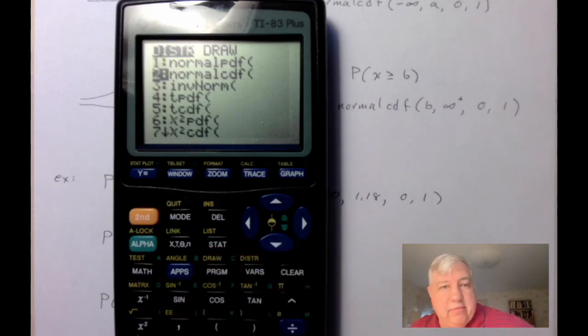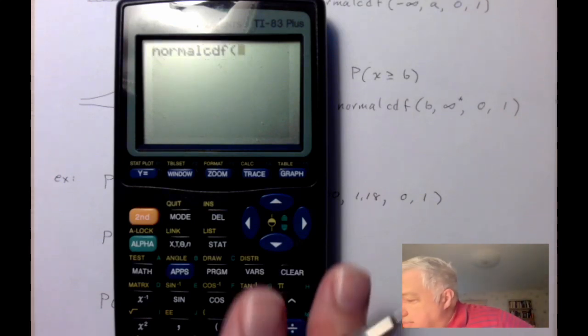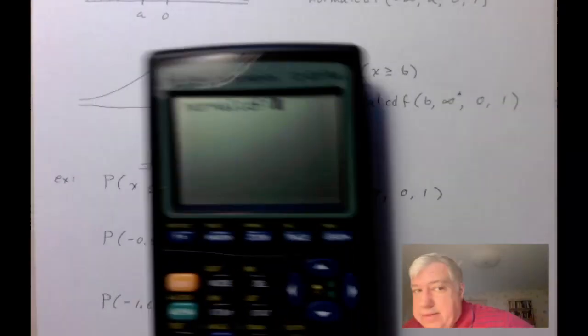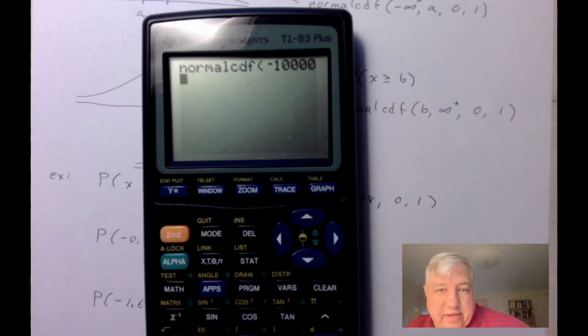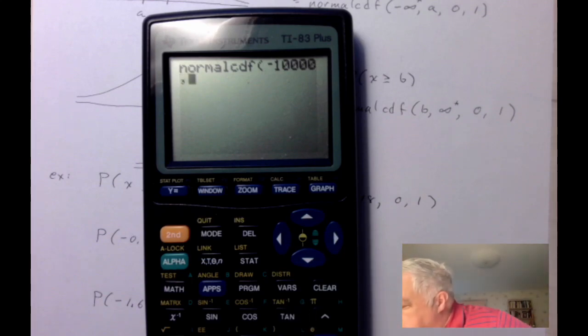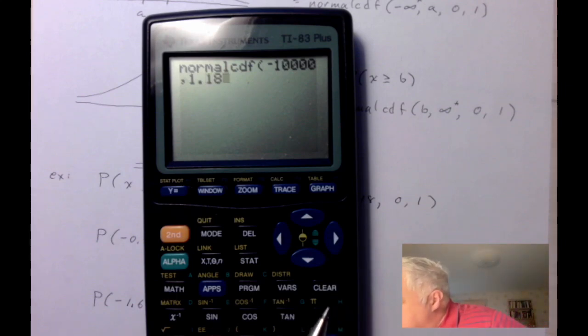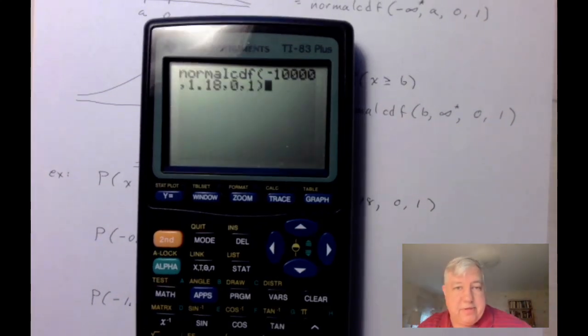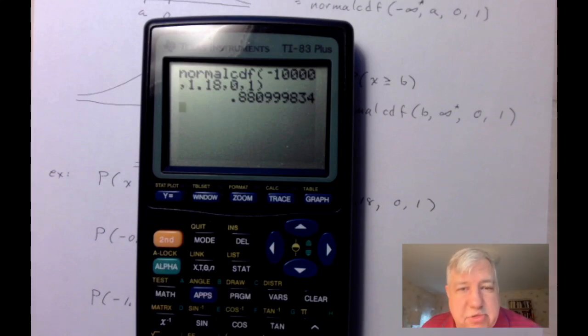So we select that, and then we enter our values: negative 10,000, or negative infinity if you want, comma 1.18, comma 0, comma 1, and then close parentheses. Hit enter, and we see that it is 0.8809. To 3 decimal places, that would be 0.881.